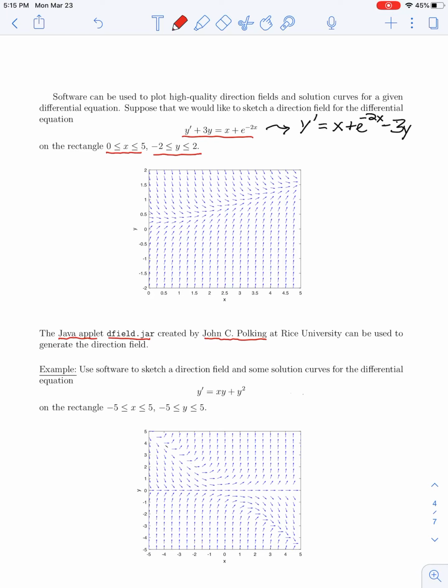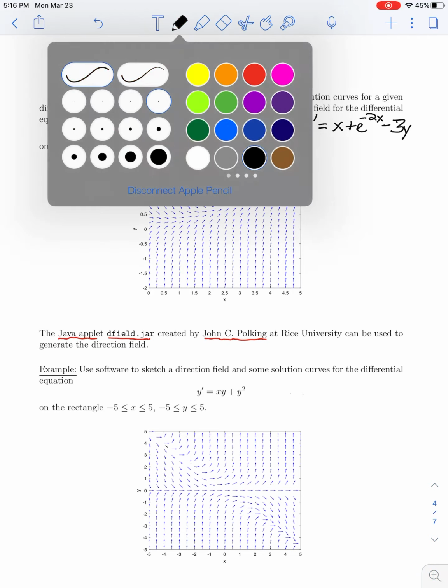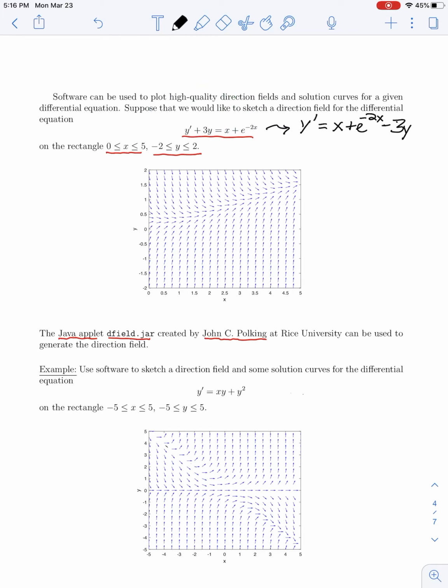Now, one thing that we could look at for this differential equation or direction field that we were considering earlier would be the limiting behavior of solutions. So we want to see, are we moving towards or away from some equilibrium? In order to consider an equilibrium solution or an equilibrium curve, we could let y prime, which is x plus e to the negative 2x minus 3y, equal 0, and solve for y.